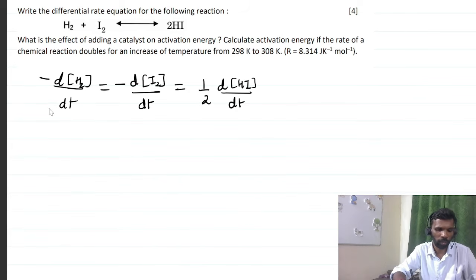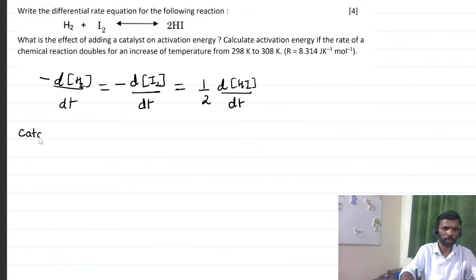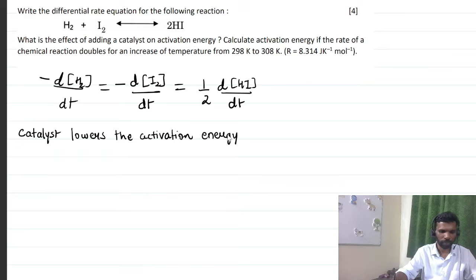Now what is the effect of the catalyst and how you are writing it for the exam? What is the effect of adding catalyst on the activation energy? Basically what catalyst does you should be writing nicely. Catalyst, make a note of this also. Catalyst lowers the activation energy between reactant and product.